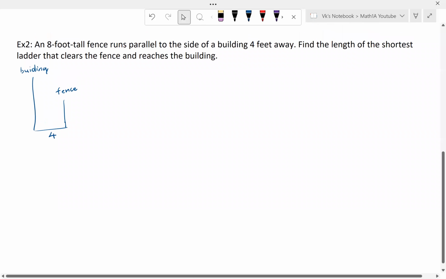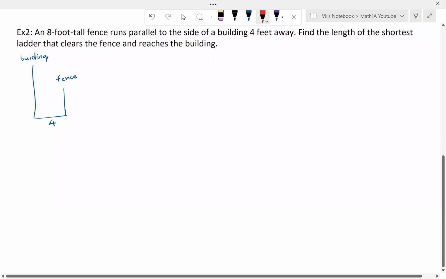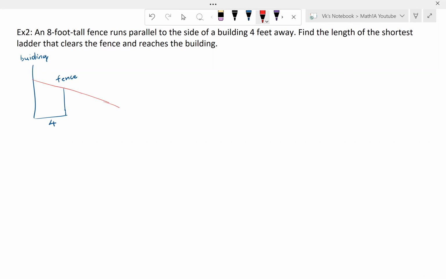So now we want to get a ladder that would clear the fence and reach the building. This distance right here is x.